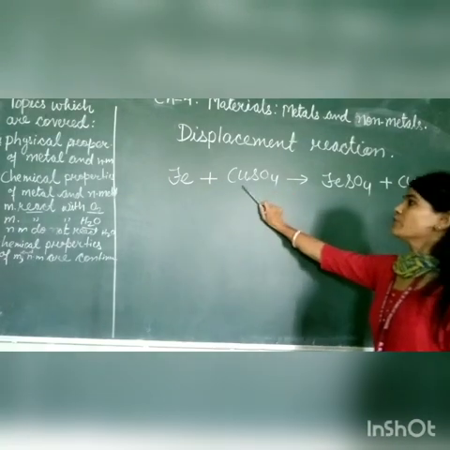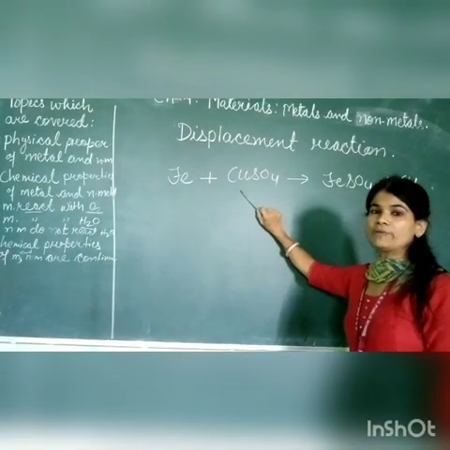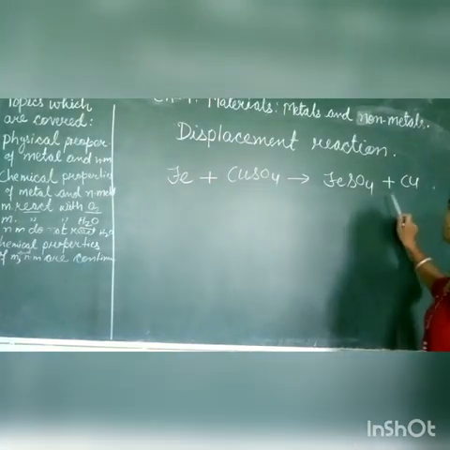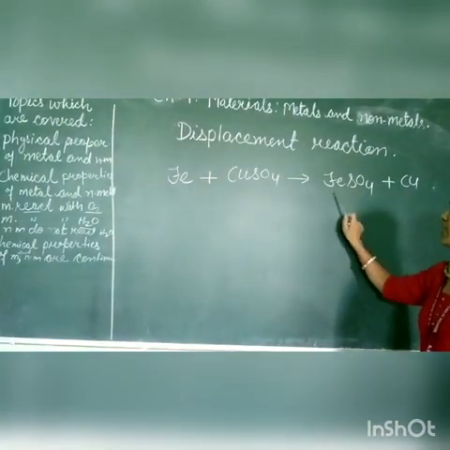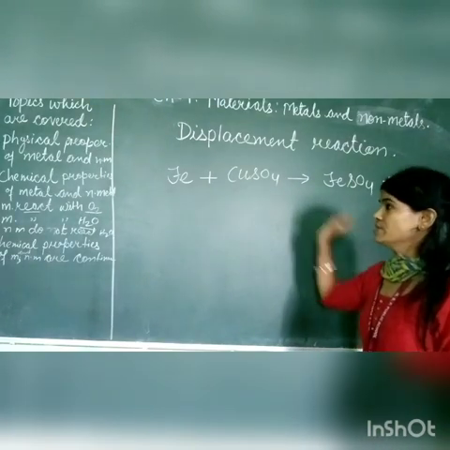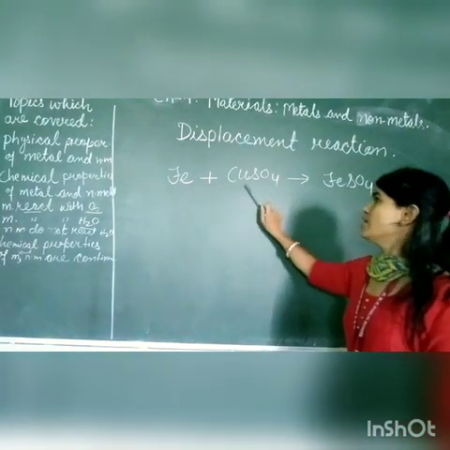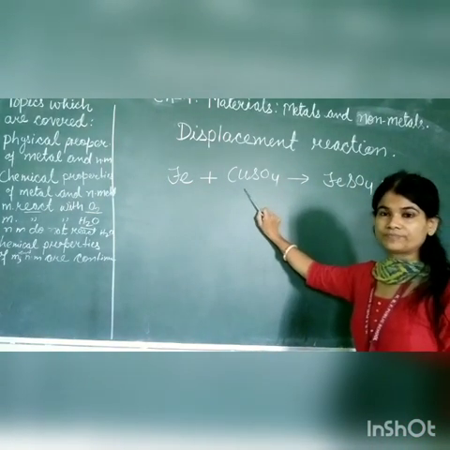And this is the copper sulfate. From the copper sulfate, copper will separate and iron makes another compound, iron sulfate. What happened? You understood now? It means a highly reactive metal takes the place of the less reactive metal.